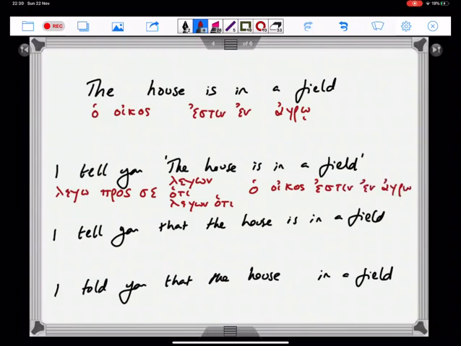So if you were translating this, a word-for-word translation: I speak to you saying the house is in a field. I speak to you that the house is in the field, a field. I speak to you saying that the house is in a field. You could translate legon hoti, but all they're actually doing is saying, please put speech marks in.